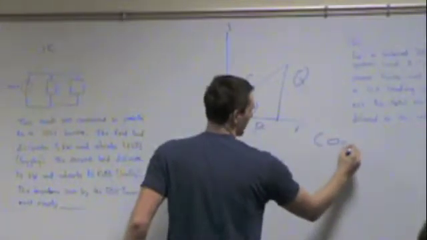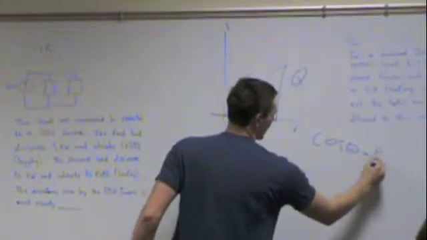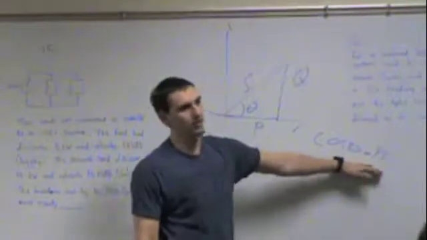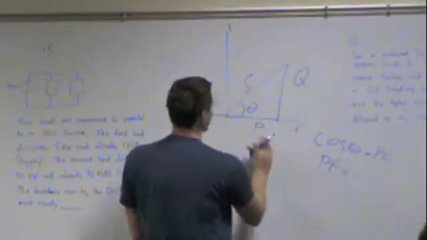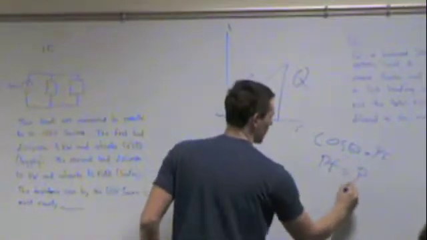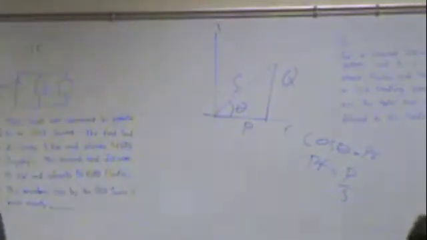Cosine of theta equals PF, the power factor. Therefore PF equals P over S. We use that for the first three or four problems. It's important, and if you have any questions about it, you can ask me or wait for the video.